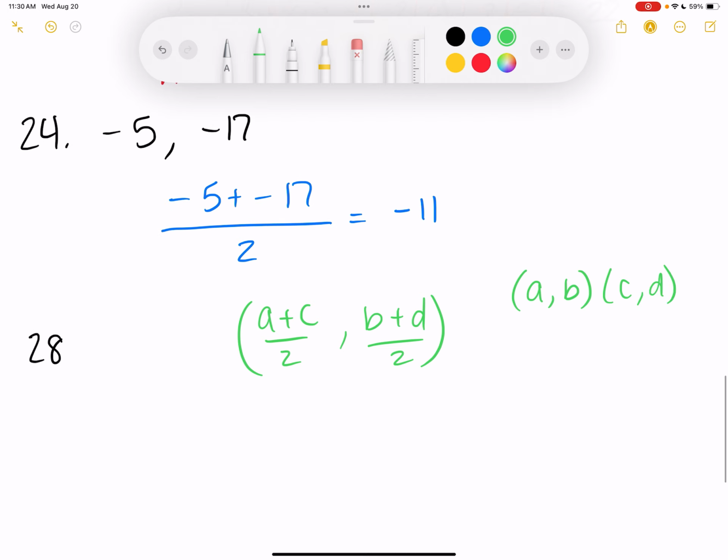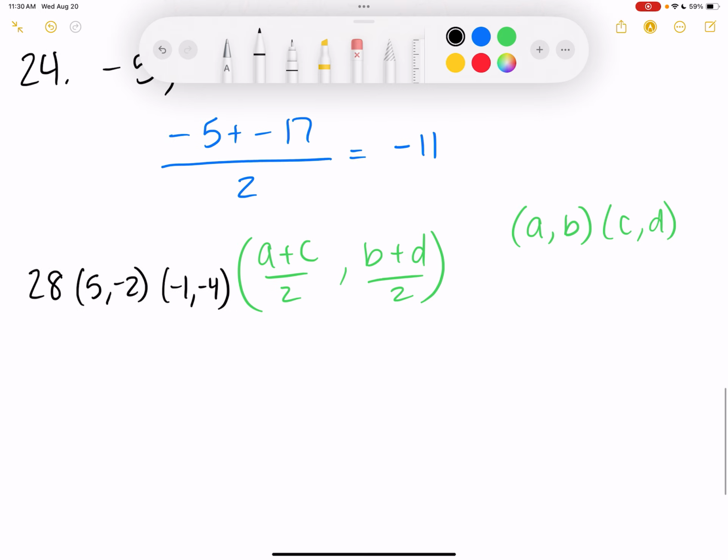So if they gave us 5, -2, and -1, -4, what would I be putting in here? 5 minus 1 over 2, and then -2 minus 4 over 2.